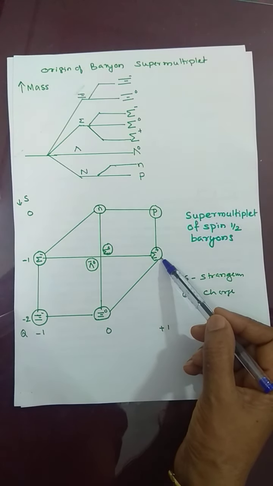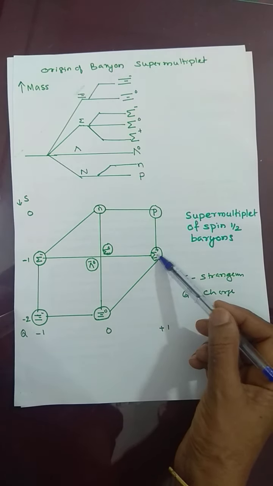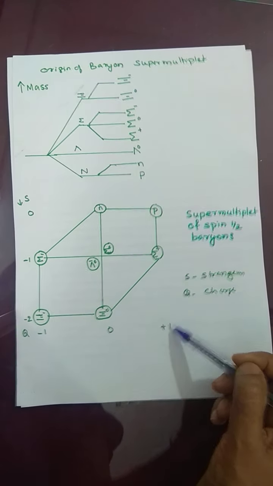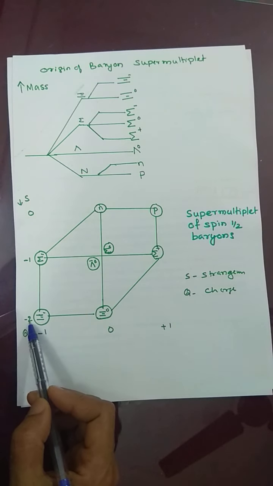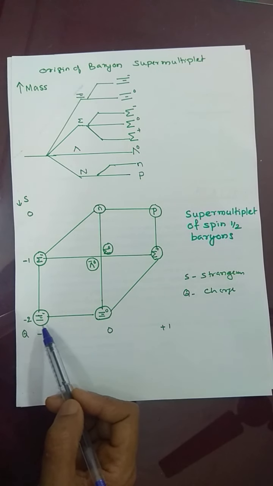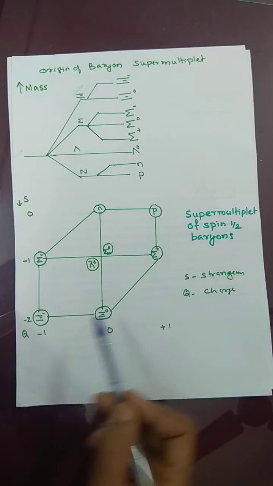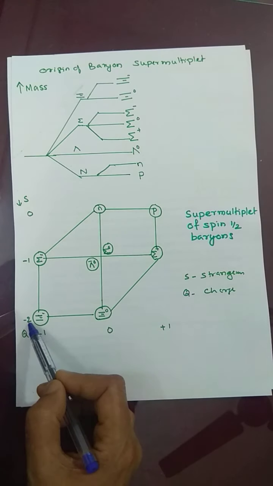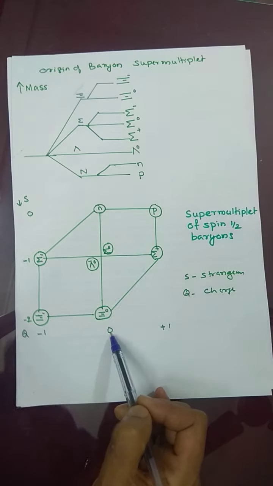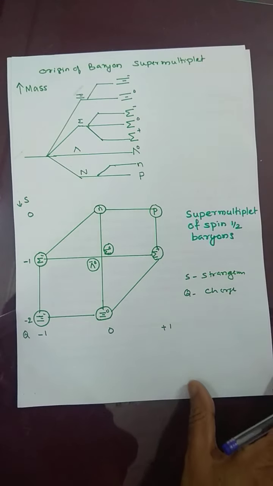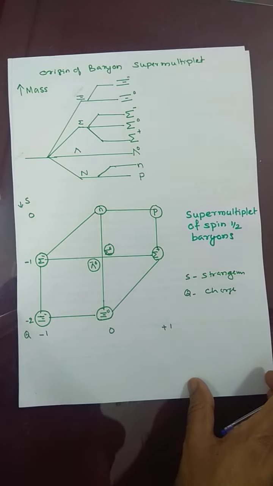Here you have sigma plus, which has strangeness -1 and charge +1. Similarly, with strangeness -2 and charge -1, you have Xi minus, and Xi 0 with strangeness -2 and charge 0. So this is the super multiplet of spin half particles.